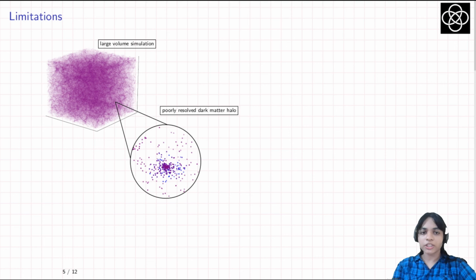One of the limitations of creating simulations, especially the large volume ones, is the problem of resolution. The n-body technique solves gravitational dynamics between a system of n number of particles. The computational complexity in running such simulations sets a limit on the number of particles we can use to run the simulation.